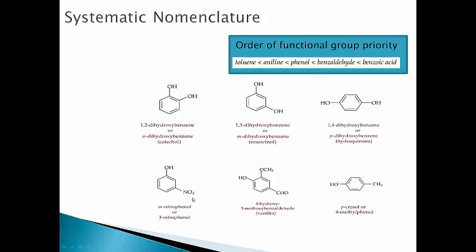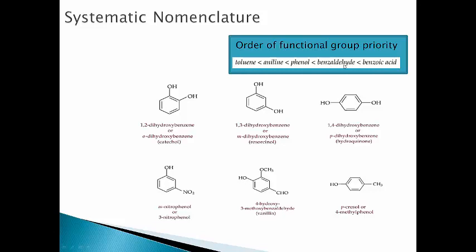Okay, so looking at something a little bit different that doesn't have 2 OHs, so now we've got an OH and an NO2. So NO2 is not on our functional group priority list, but the OH is. So it would be a phenol, and we have a meta-nitro. So it'd be meta-nitrophenol. This one here, we've got an aldehyde, we've got a phenol.